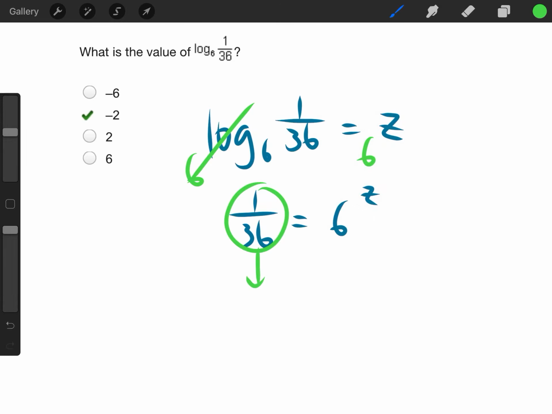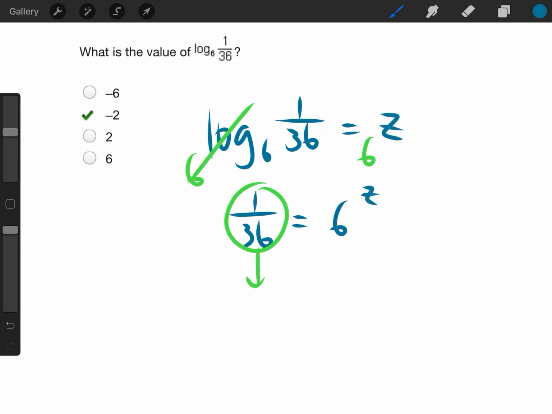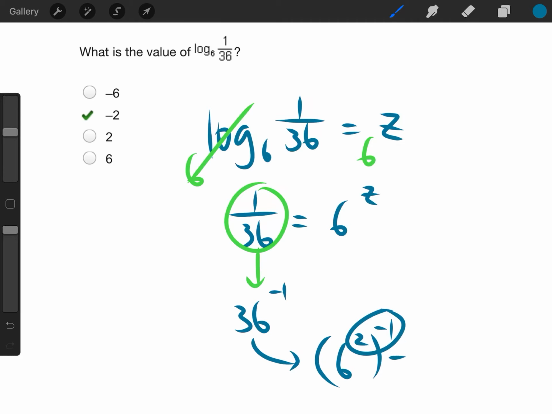So knowing that 1 over 36, you can rewrite it as 36 to the -1. Okay, you also know that 36 can be rewritten as 6 to the 2nd power. Okay, do not forget about that -1. So now you're able to multiply 2 and -1, so that's going to equal 6 to the -2. Okay, you see that 6 to the -2 is basically your z. Okay, so choose -2.